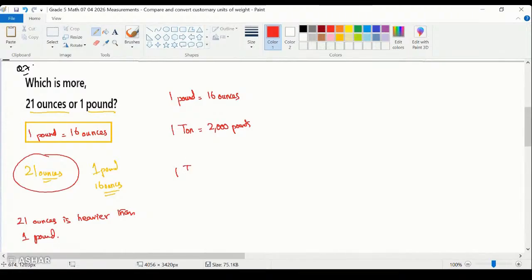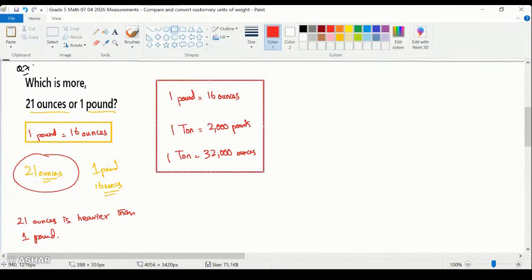And 1 ton would be equal to 32,000 ounces. Okay? So these are the three conversions that we need to remember for this particular topic. Okay, let's move ahead. Let's look at the next question. They're asking us which is heavier, 1 ton or 1,350 pounds.